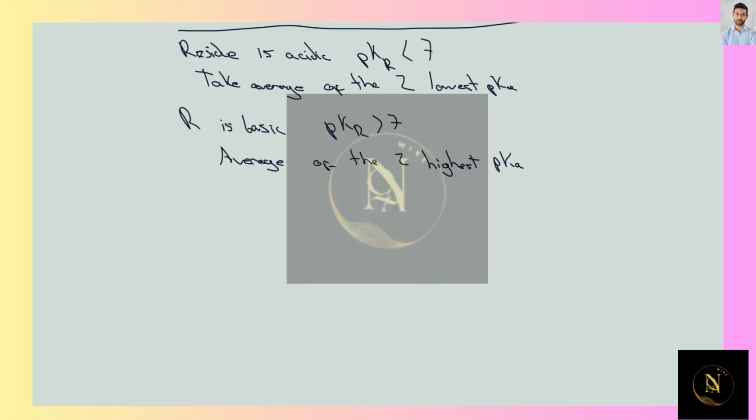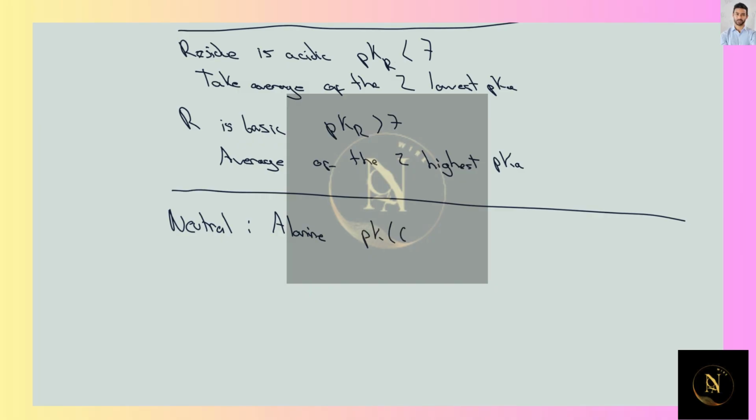I'm going to start with a neutral case, which is alanine. From your table, the pKa from the carboxylic acid part of the amino acid is equal to 2.34.